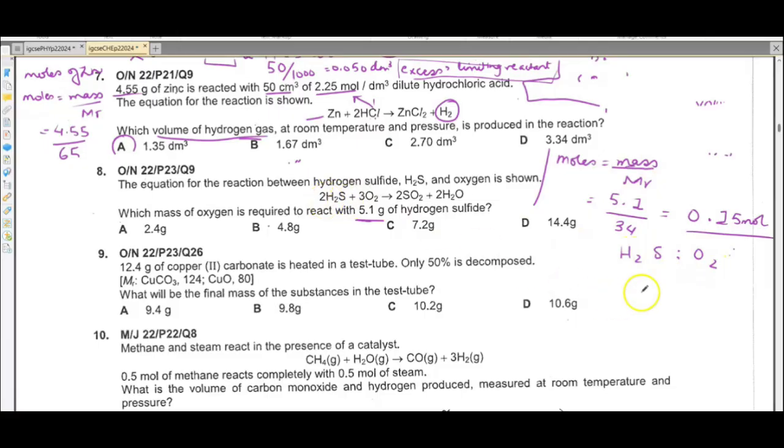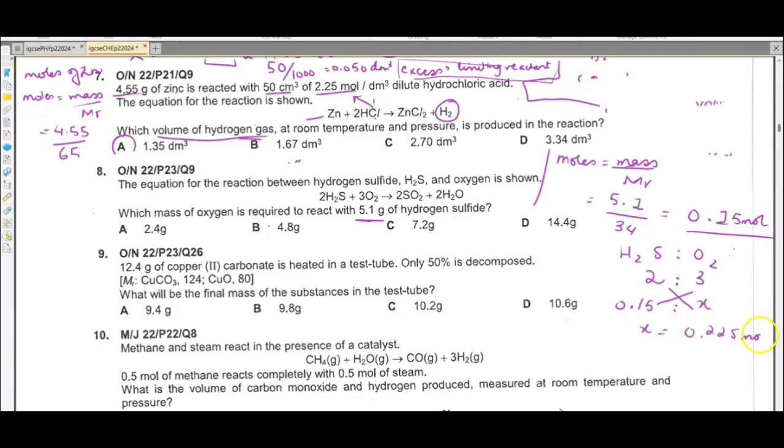There were 2 moles of hydrogen sulfide and there are 3 moles of oxygen. And we know that 0.15 moles are in these 2 moles. We are going to cross multiply them. 2x is equal to 3 into 0.15, and then obviously it will be divided by 2.